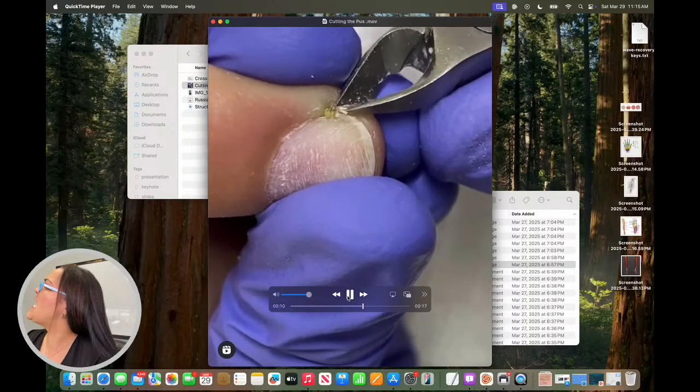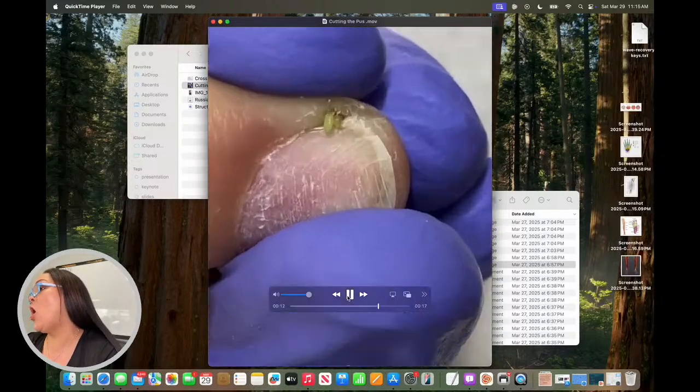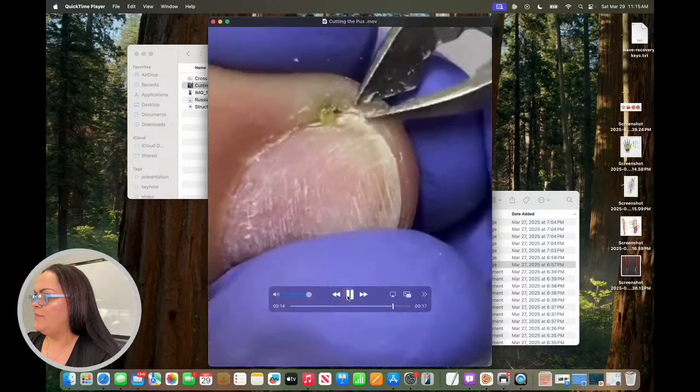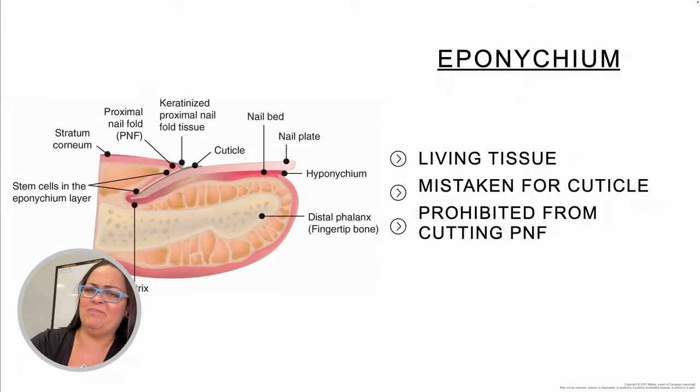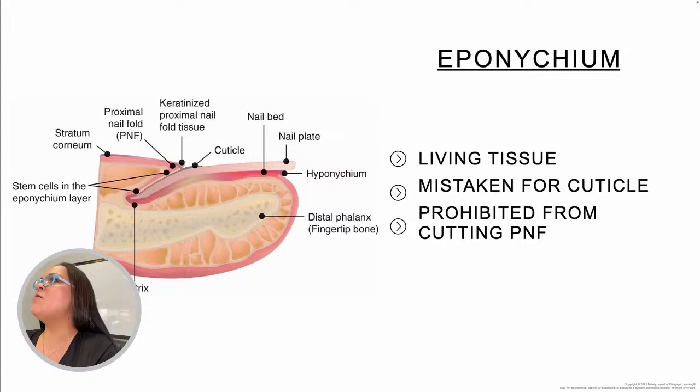Is she supposed to be cutting that at all? Y'all saw that, right? First of all, she probably caused that pus, if that's her regular nail tech. But why are you Dr. Pimple Popper?